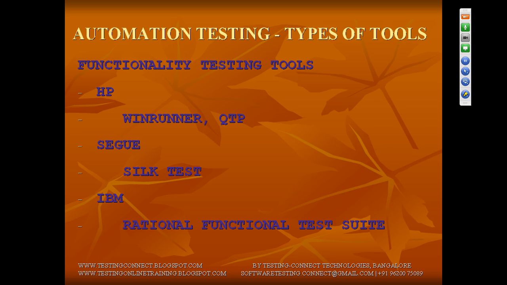I call it a test suite like Microsoft Office, which is a group of tools like Word, Excel and PowerPoint, combined into one package. IBM doesn't release independent tools; they make a combination of tools. That's why we call it the Rational Functionality Test Suite.